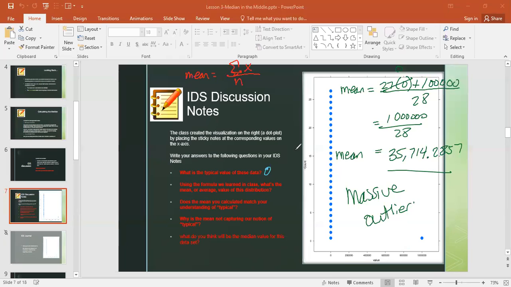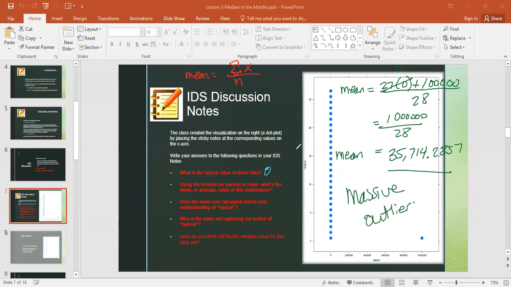Even a million, if most people are within maximum 120,000 or 140,000, even a million income is a huge outlier. But when you find the mean of the income in Long Beach, those outliers shoot that average up.